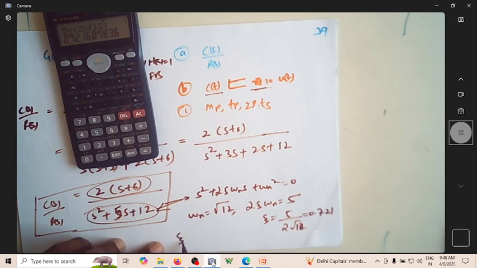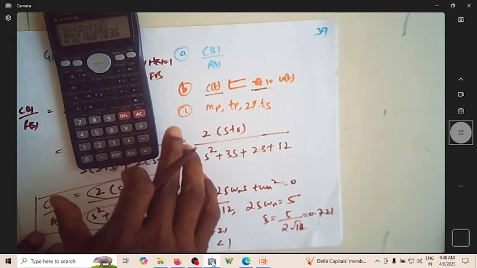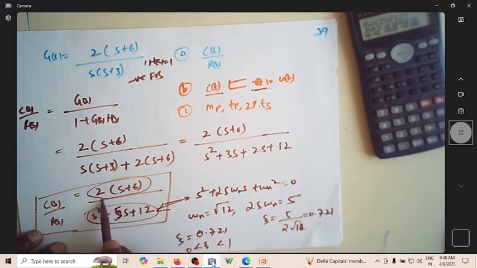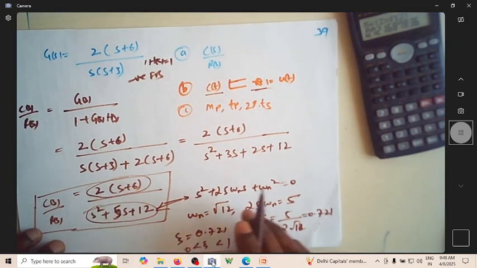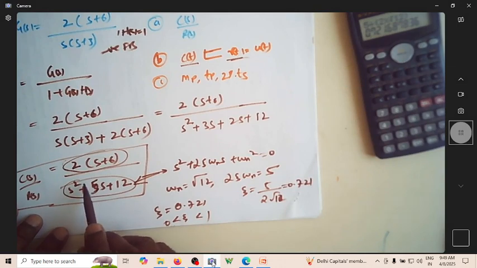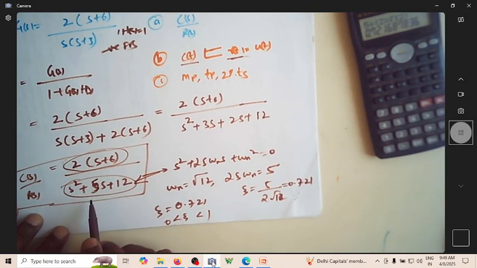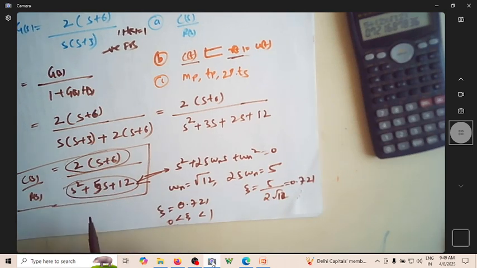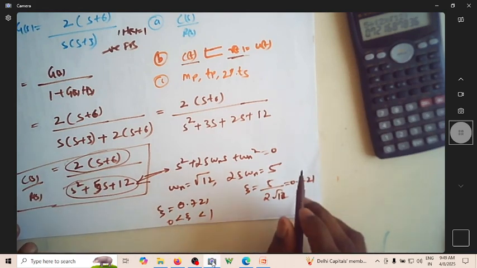So the value of zeta is 0.721, which is between 0 and 1. No matter whatever you have on the numerator, the system response will be decided by the poles of the system. Zeros will not contribute to the response of the system.